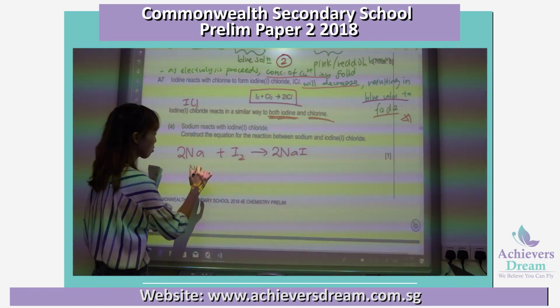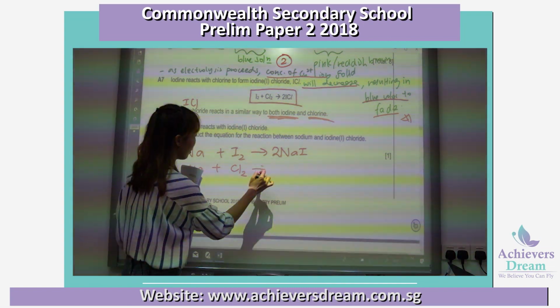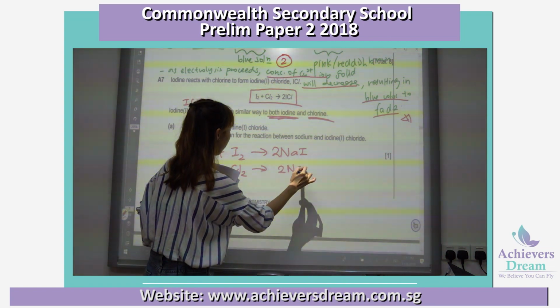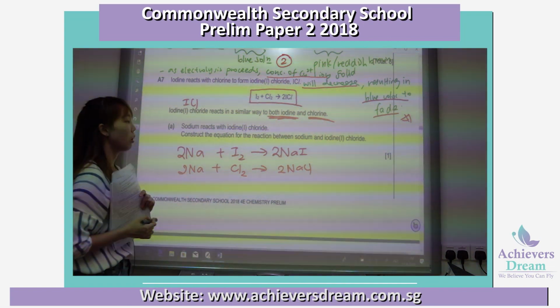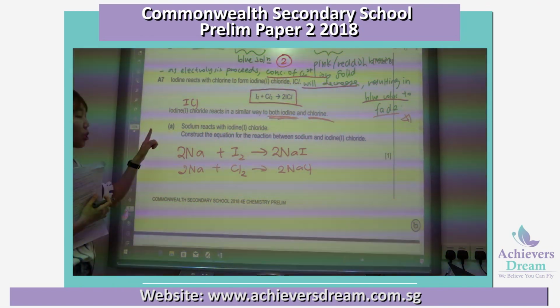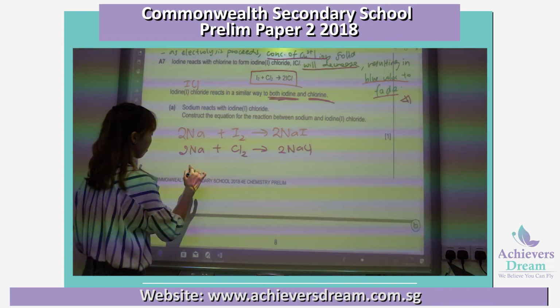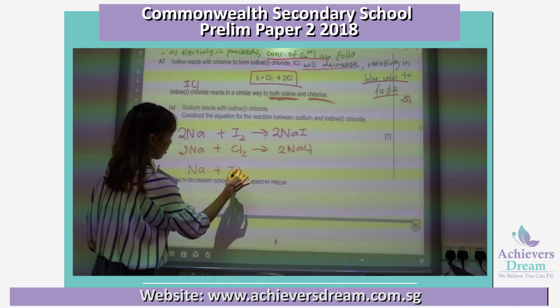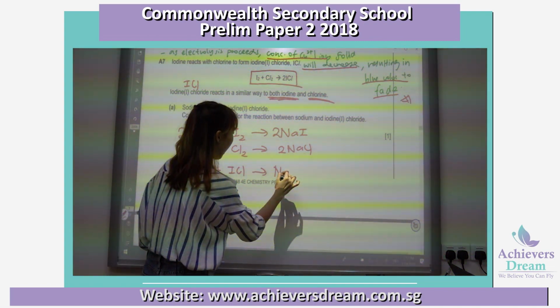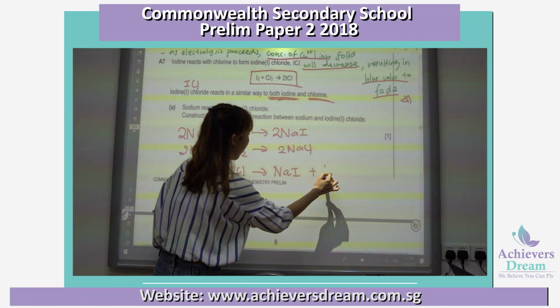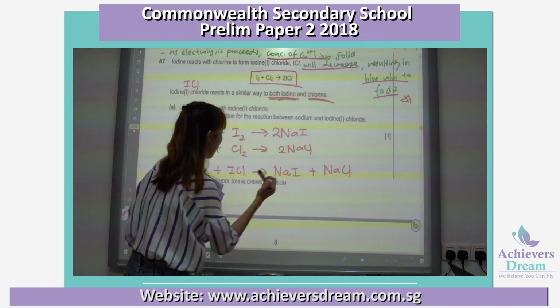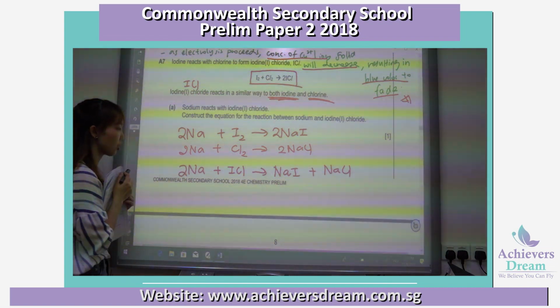Same thing for sodium reacting with chlorine. You will form 2NaCl. So what will be the reaction between sodium and your iodine chloride? I will form both NaI and NaCl. Same thing, I need to balance the equation.